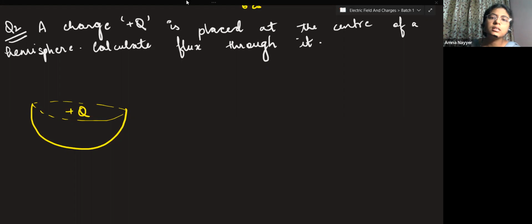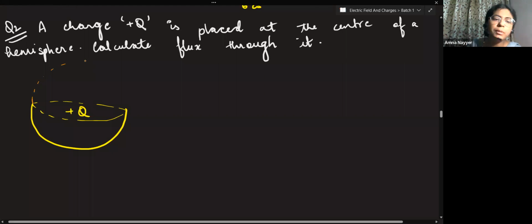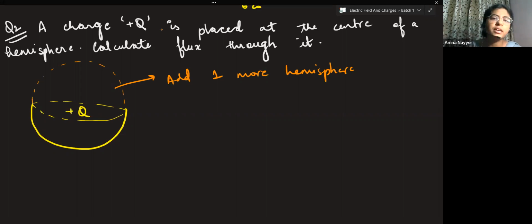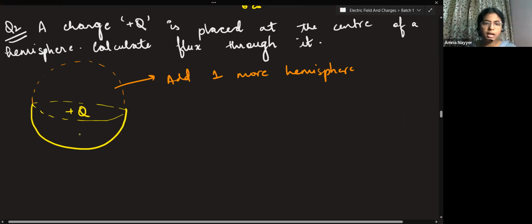So the solution to it is, we can at least complete the sphere if you add one more hemisphere. If you add one more hemisphere, then you get a complete sphere.